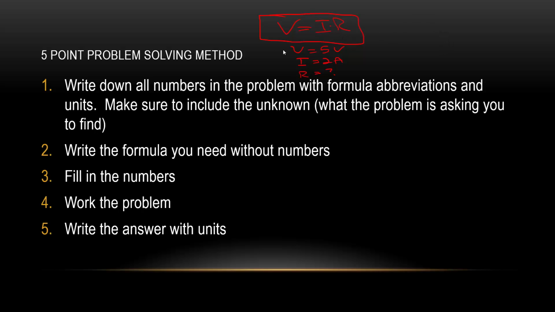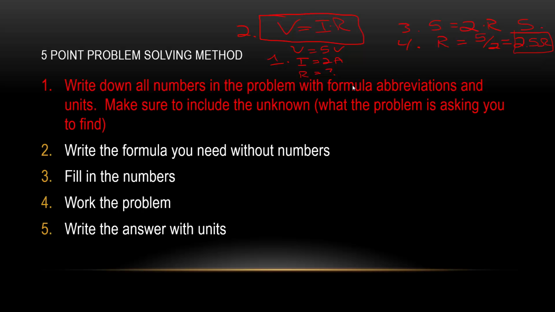Okay, so now I've done step 1, step 2, step 3 is 5 equals 2 times R. I then work the problem, so step 4 is R equals 5 divided by 2, and that equals 2.5 ohms, and that is step 5. Okay? If I have all 5 of these things, I get all 5 points. If I have one of these things, I get 1 point. Make sense?